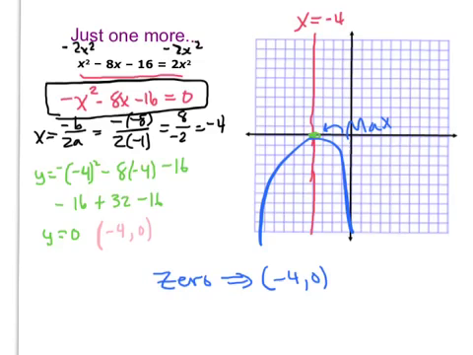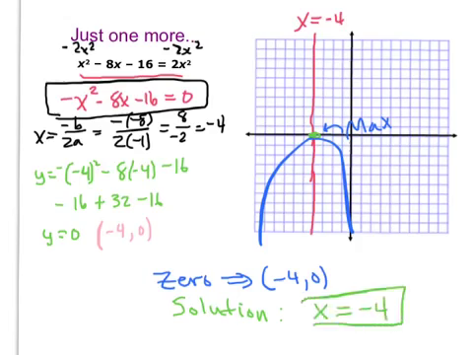And so our solution for our equation is the only value, when x is equal to negative 4. Because we can see when x is negative 4, that's the only place on this graph that it's going to touch the x-axis, so it's our only 0. And that is also our solution, because remember, zeros equal solutions. And that's it.